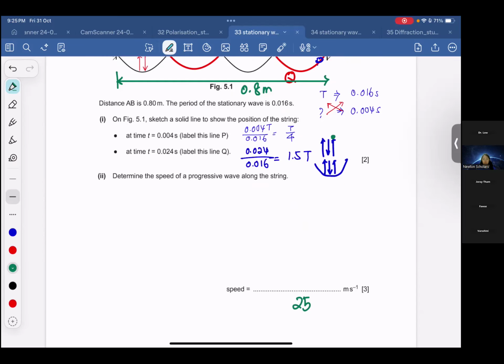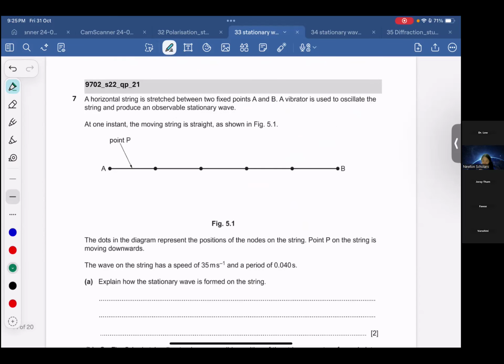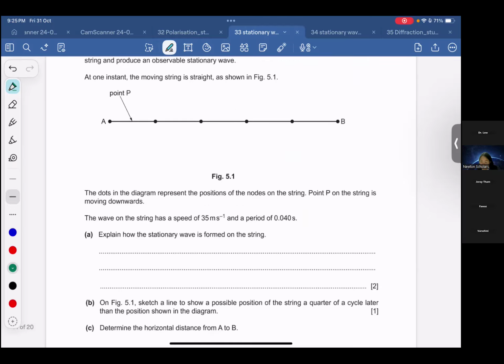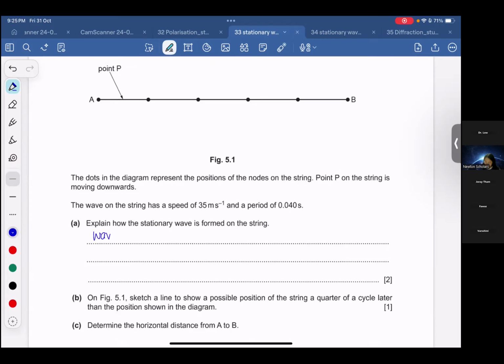Last question. Okay, come here. How is the stationary wave produced? Okay, so here, the wave travels along the string and is reflected at a fixed point.